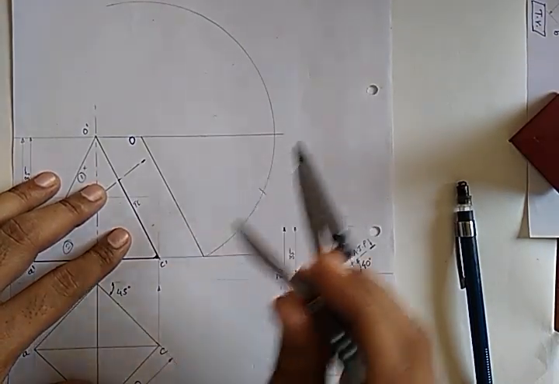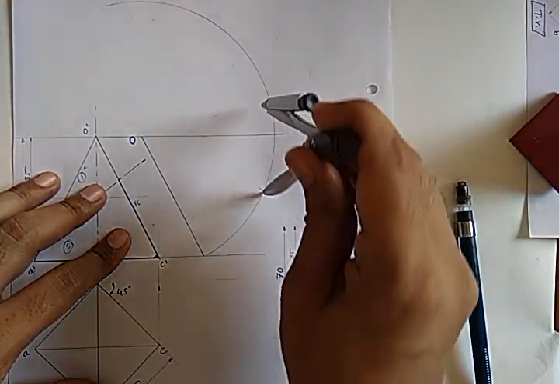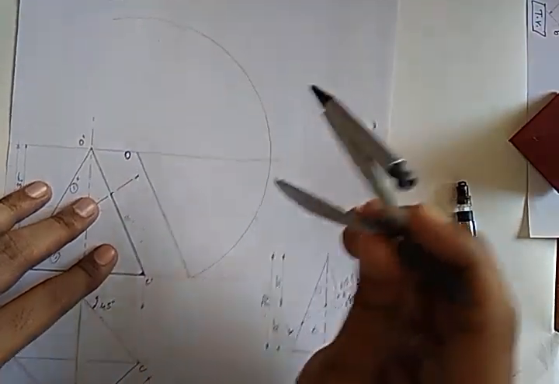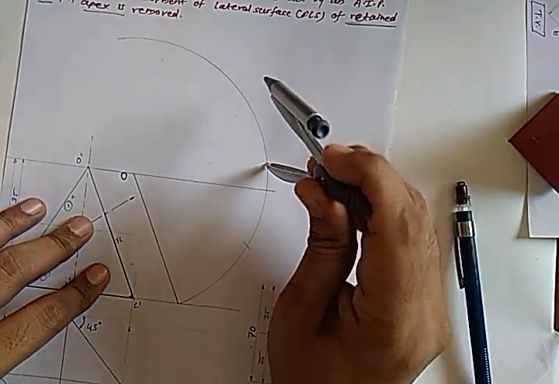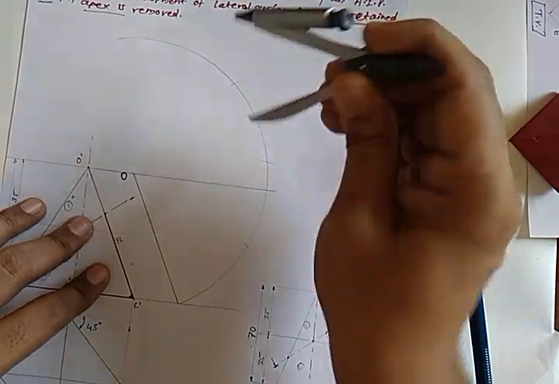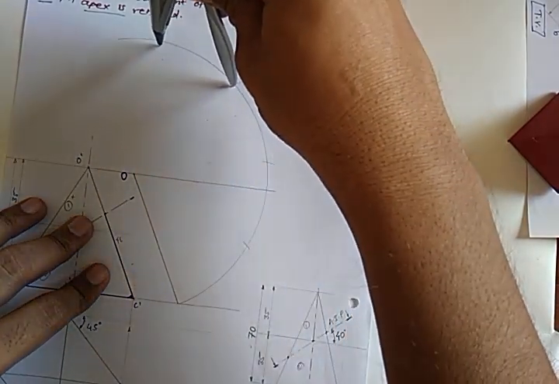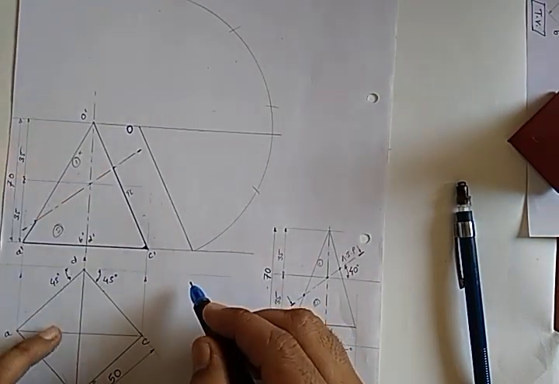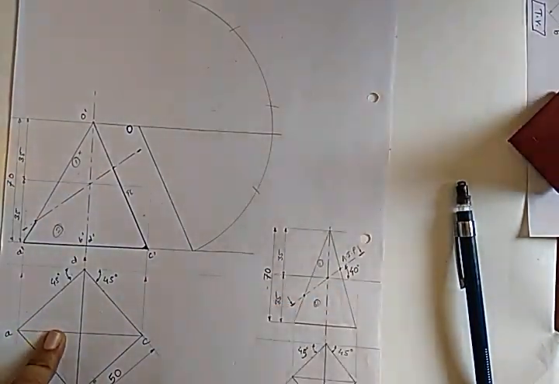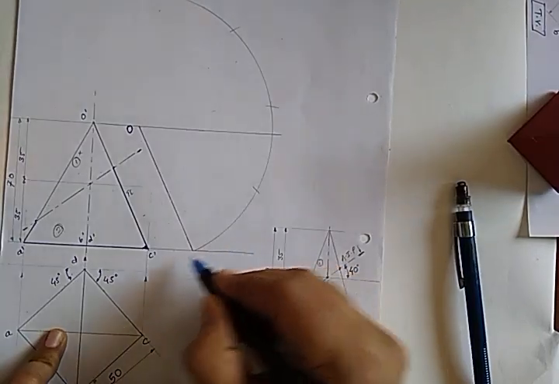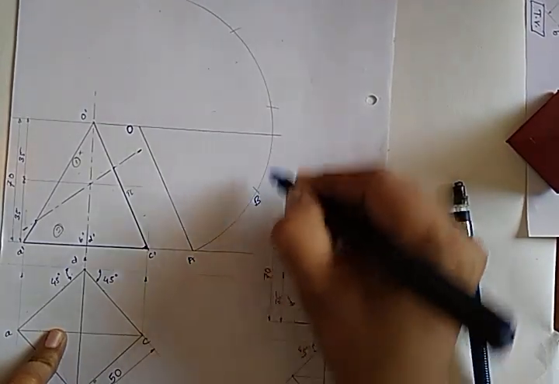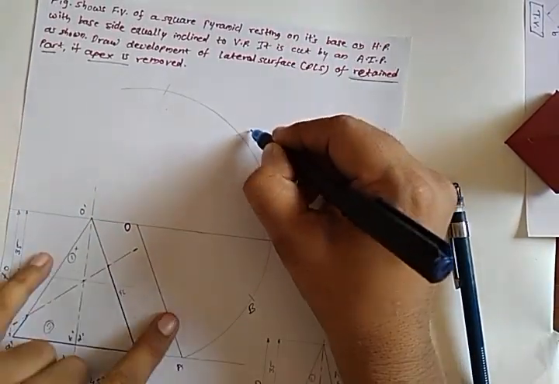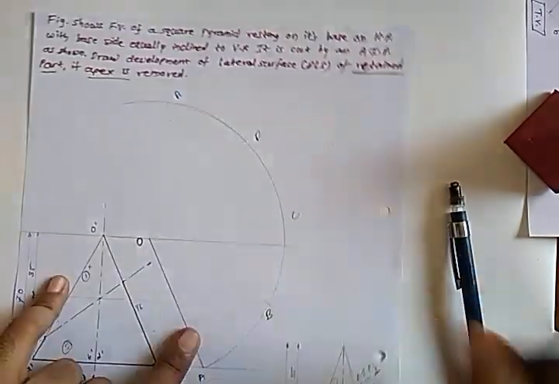This is first, then second. The arc that we get is the center for the new arc. Here it is, then again one more. So we can mark these points as A, B, C, D, and again A.